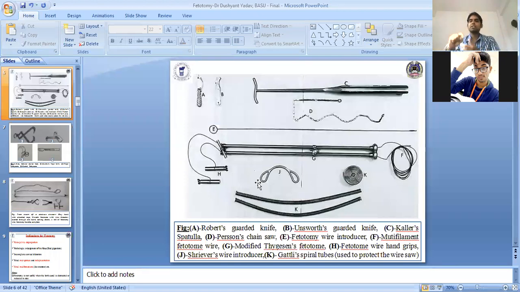By holding the middle portion, we pass the wire introducer and drag it out, so that we can introduce the wire around flexed limbs, as in carpal flexion and other flexions, and tie up that wire. Then this wire is threaded into the barrels of the fetotome.